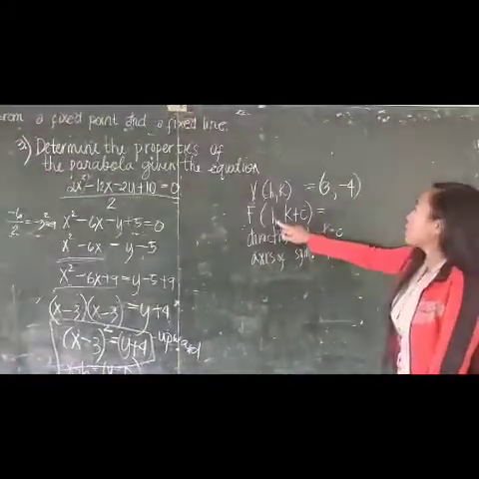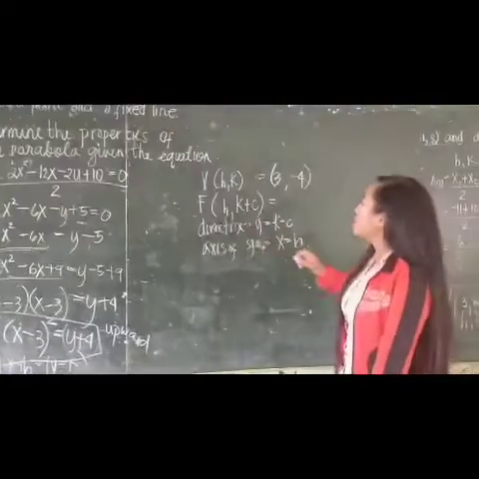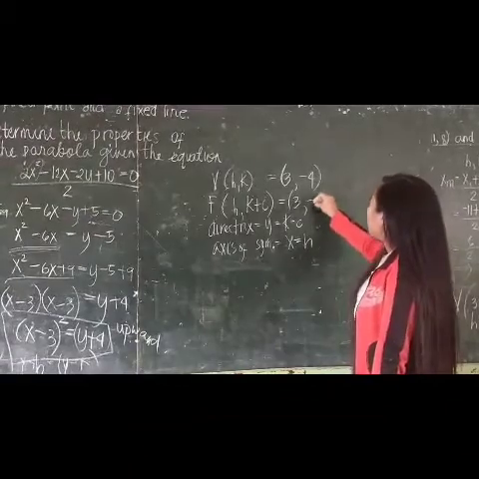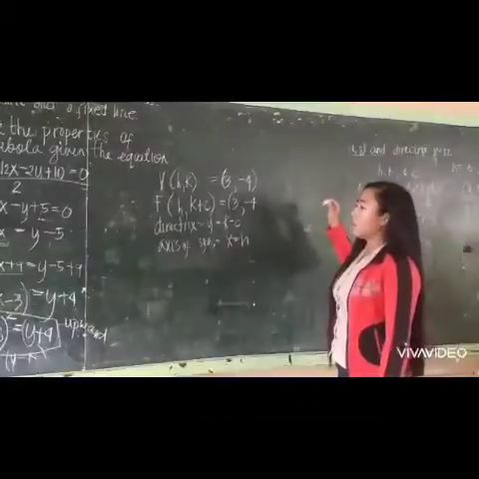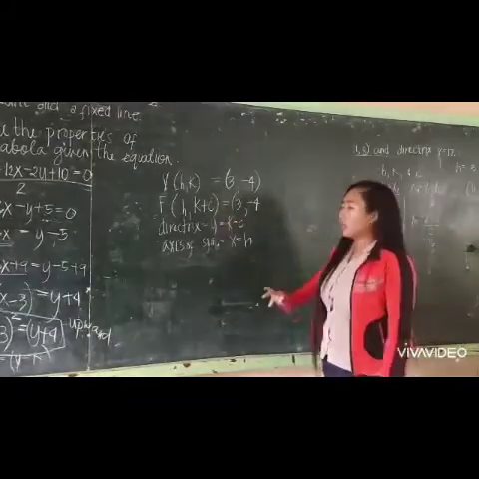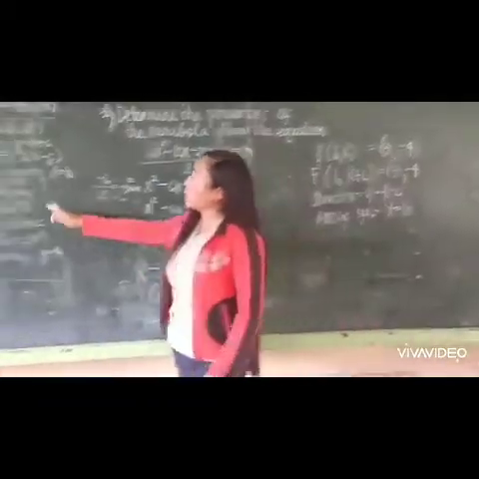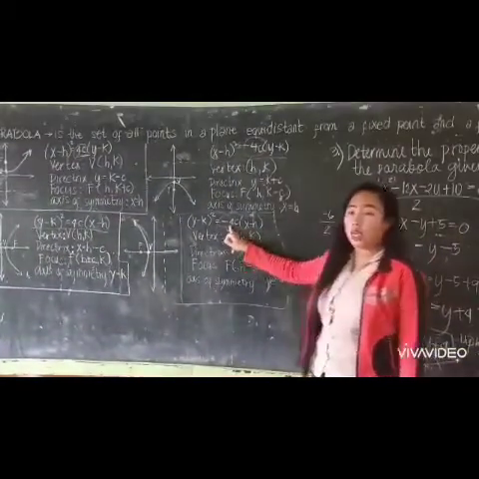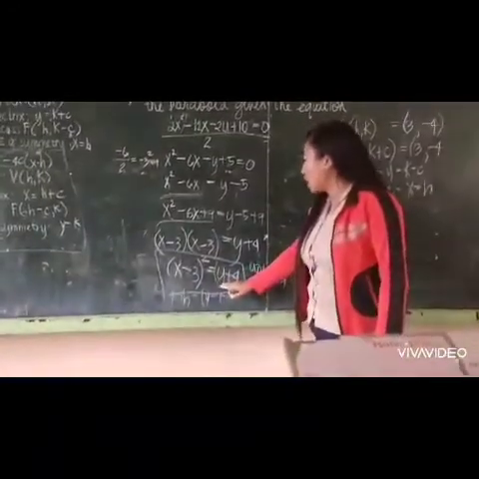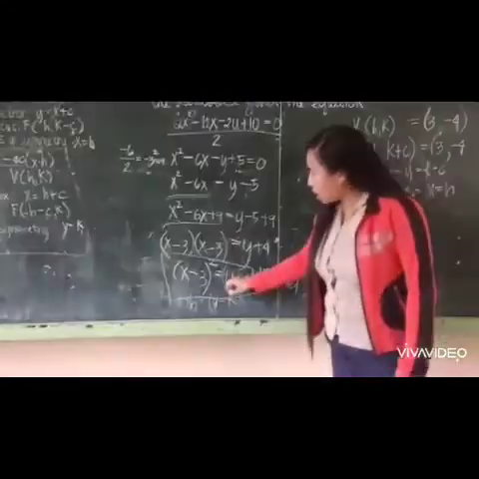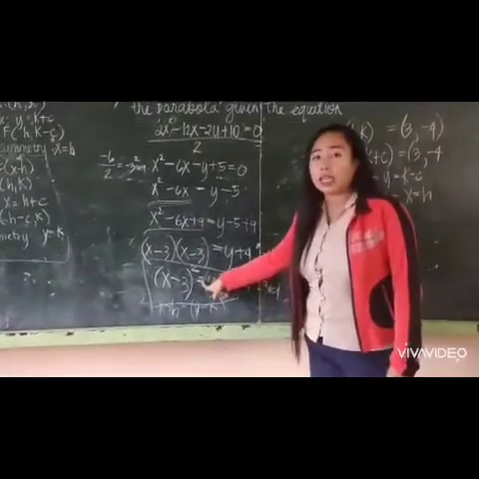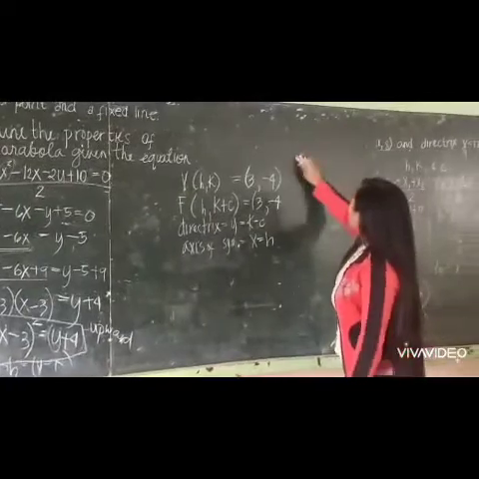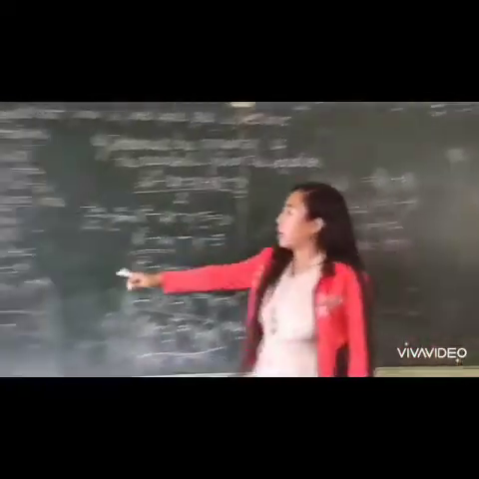Next is focus. Our focus is h, then k plus c. Our h is 3. Then our k is negative 4. Then c. So to find the value of c, we need, here in the given equation, the number beside this is the value of c. So since this is the given equation, beside it there is no number, diba? So that means automatically the coefficient is 1. So that is 4c, in the given equation.